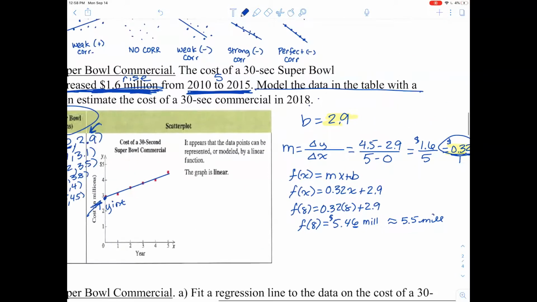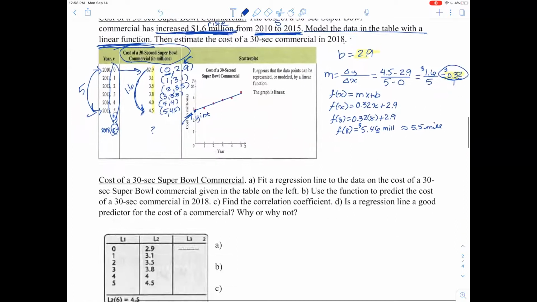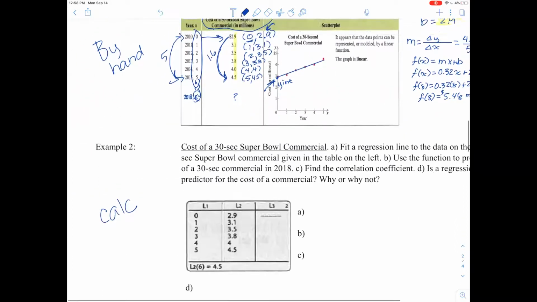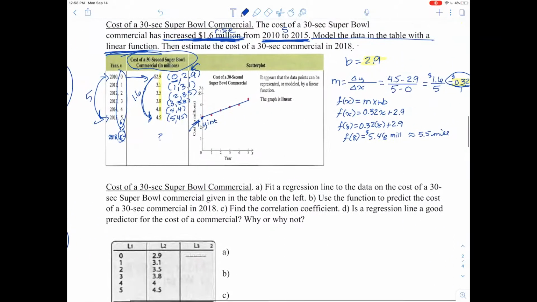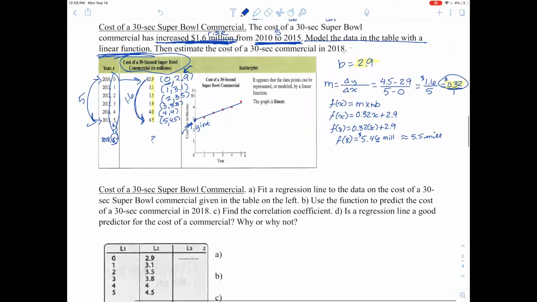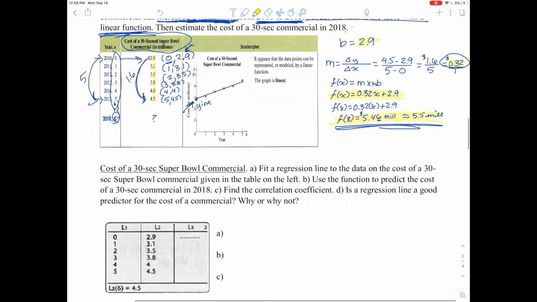Okay, so next, we are going to compare doing this by hand to doing it with a calculator, and see how close our linear equation got to the actual regression equation that the calculator is going to find.